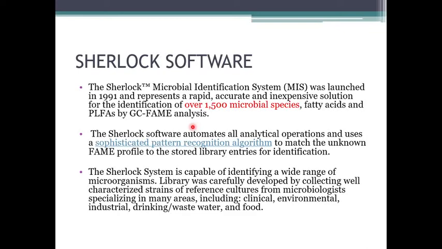So this is basically a library which has stored entries for identification. This software automates all the analytical operations and uses a sophisticated pattern recognition algorithm to match the unknown FAME profile to stored library entries for identification. This makes our job easier.